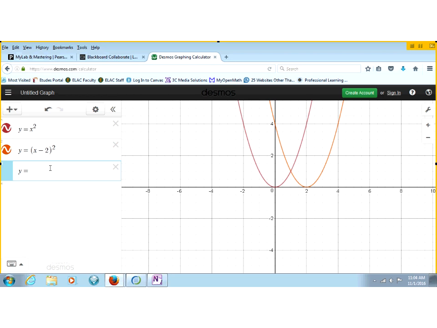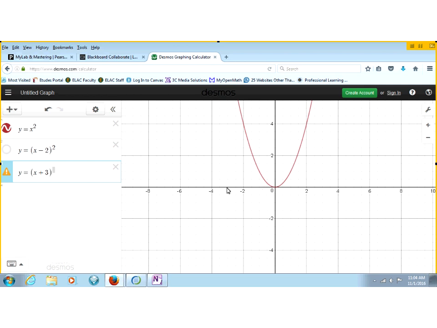Okay, so let's grab another one, y is equal to x plus 3 squared. What were you expecting? Shift left. Okay, so this is my original. If it shifted left 3 units, where will my vertex be?